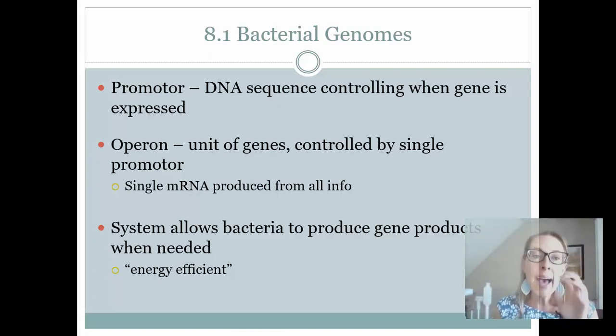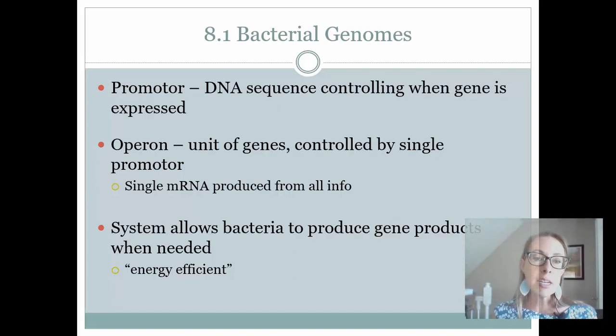So we have these regulatory processes in our cells too, but one of the things that is unique to bacteria is that they can have a single promoter region that controls multiple genes downstream.